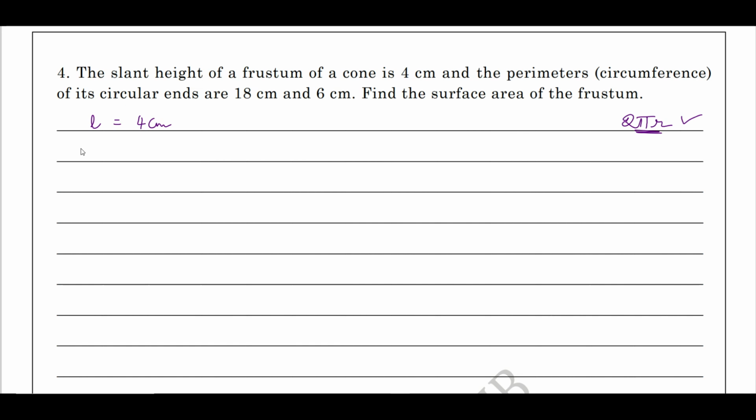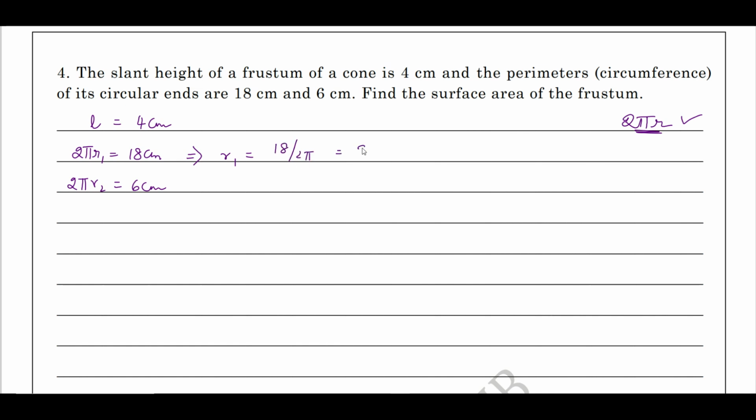circumference of the top portion is 2 pi r1 equals 18 centimeter, and the circumference of the bottom portion, that is 2 pi r2, equals 6 centimeter. That is r1 equals 18 by 2 pi.